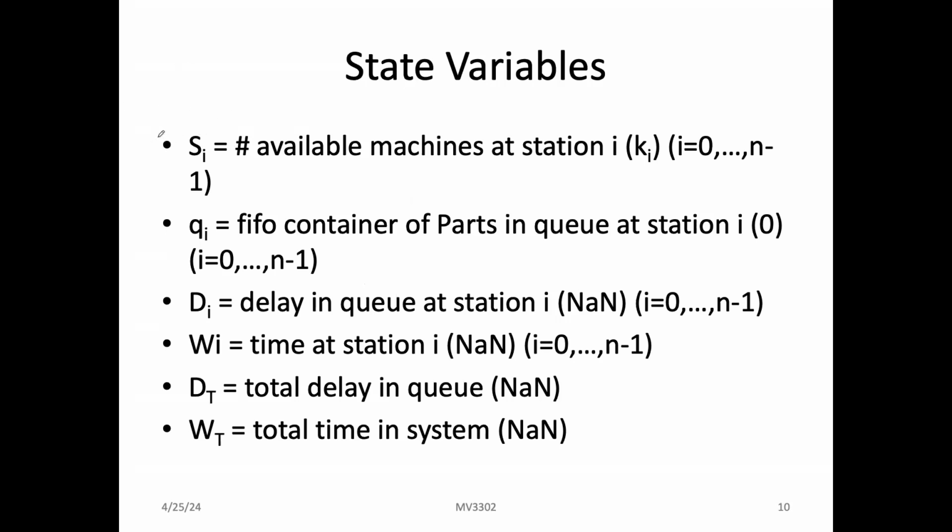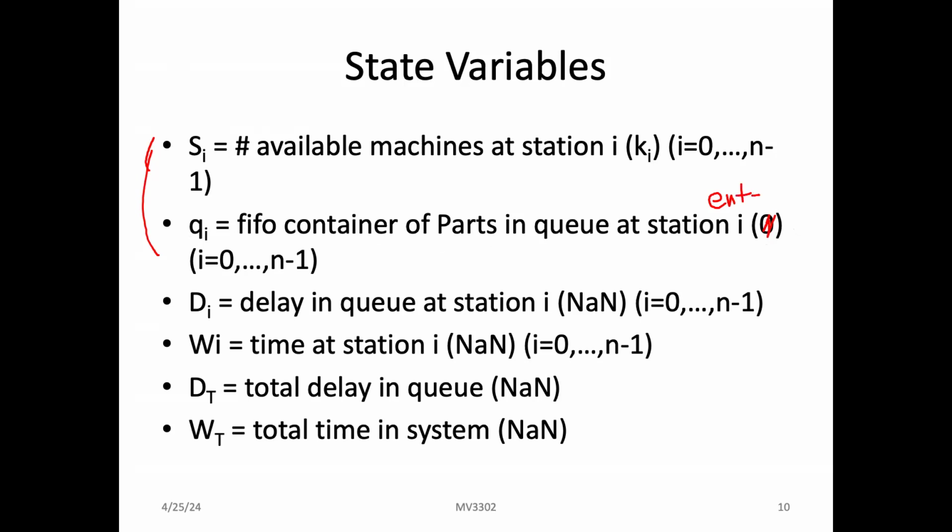So now our state variables. The first two are similar to what we've done on the entity server. We have the number of available machines as an array that's initially equal to the number of machines at each station. And then we have a FIFO container of parts in the queue at that station, which is initially, actually, this is incorrect, it should be empty.